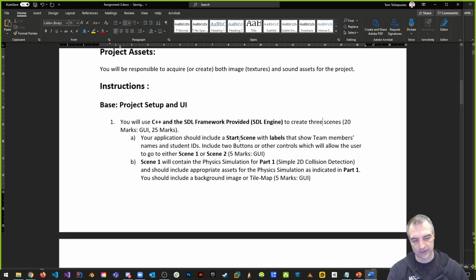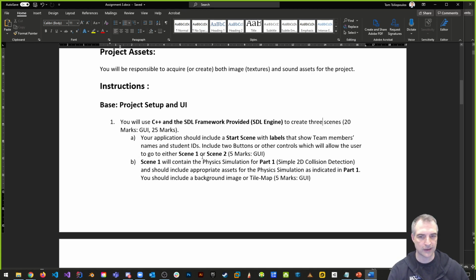It's going to be basically a dashboard that will allow you to go from the start scene to scene 1 or scene 2. So that's really what the start scene is going to be. It's going to have your team members' names and student IDs and all that kind of stuff here. And a couple of buttons or other controls which allow the user to go to either scene 1 or scene 2. All right.